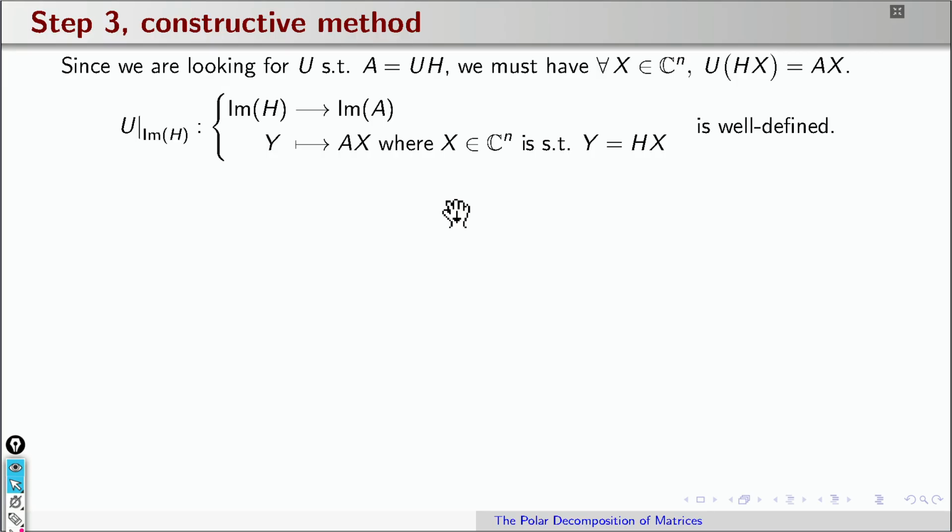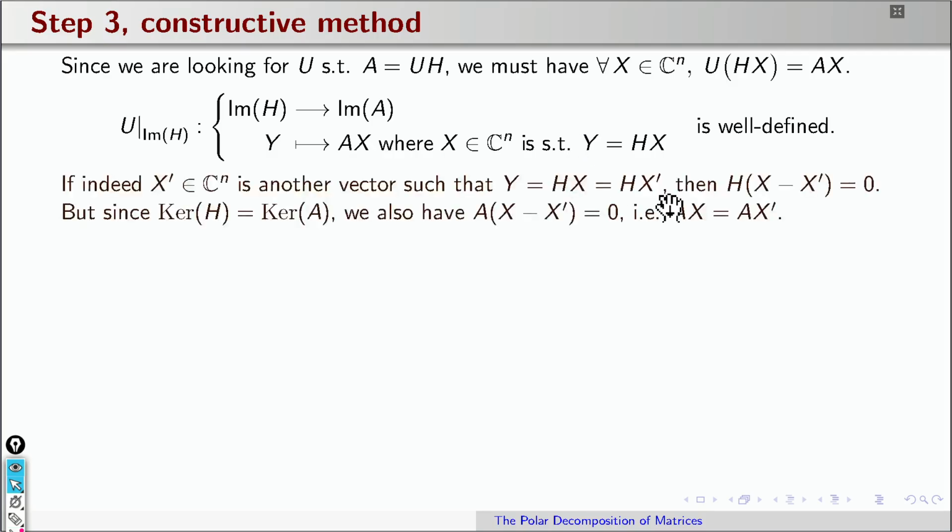Does this give a well-defined map? We have an element Y in the image. We want that when you apply U, it gives AX. But an element in the image could be written in two different forms: H of something and H of something else.